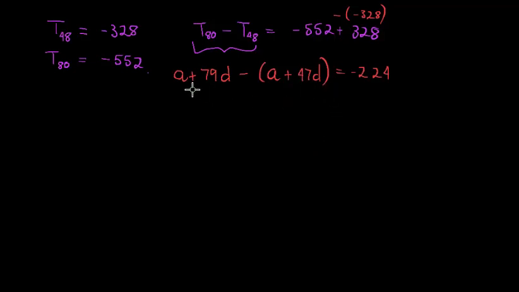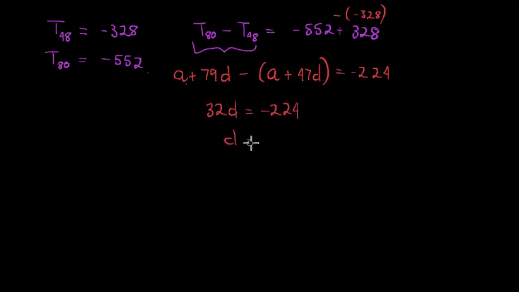Now what was very nice about doing this is notice that when we subtract, we're subtracting the A's, the first terms, so they don't become an issue anymore. So I get 79 minus 47, which is 32. 32 D's is equal to negative 224.